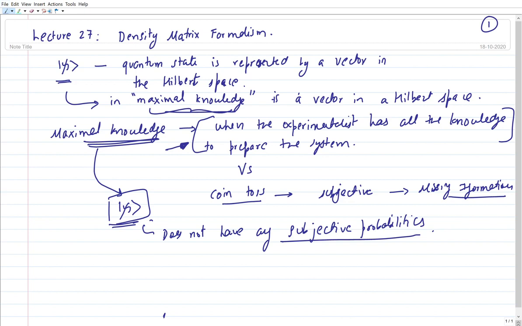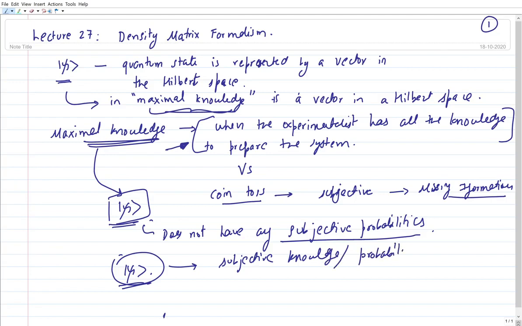But in many scenarios, even in an experiment or in general, we need to deal with situations where not only you have a quantum state of maximal knowledge, but we also need to combine it with subjective knowledge or subjective probabilities. After all, what are we doing? We are doing quantum mechanics, and our job is to make sense and predictions as much as possible of the experiments.